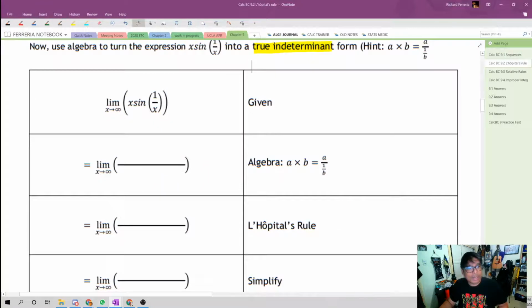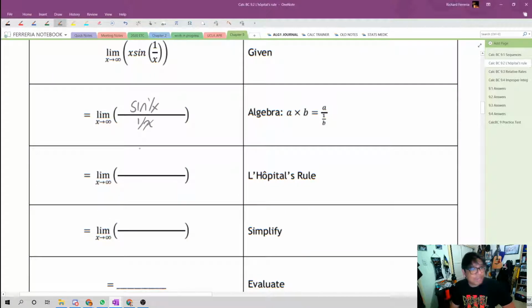So let's take a look at this. We've got the limit of x sine 1 over x, and then this becomes sine of 1 over x divided by 1 over x. That's just algebra. x times a over b is the same thing as a multiplied by 1 over b. We're going to use L'Hopital's rule next. So the derivative of sine is cosine.